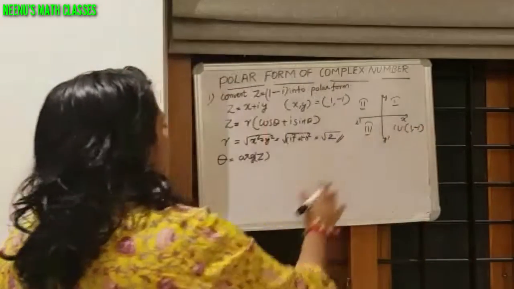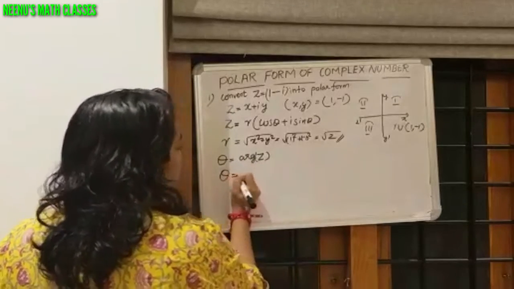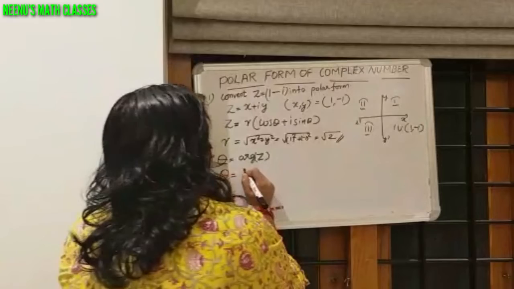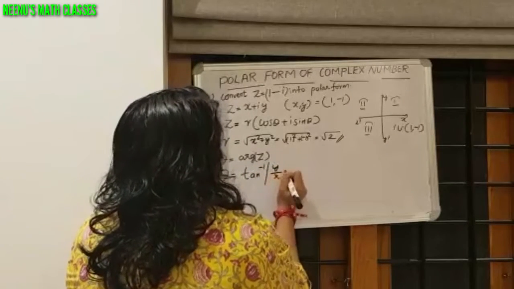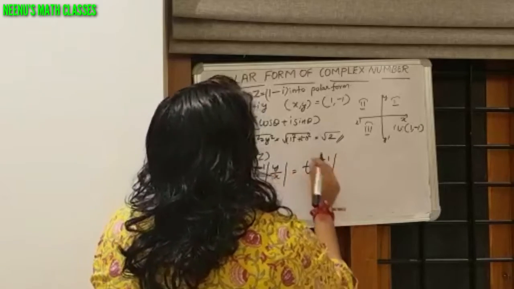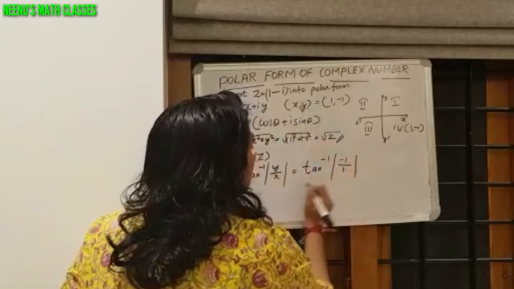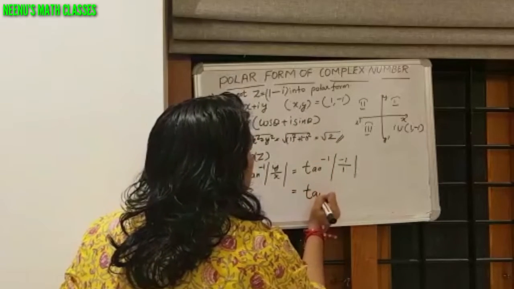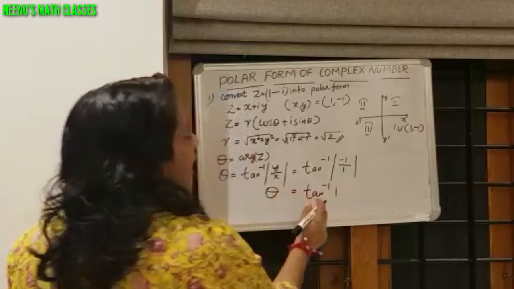Now we want to find arg z. We know that theta equal to, what is the equation? Tan inverse of mod y by x, which is equal to tan inverse of mod of minus 1 by 1, which is equal to tan inverse of 1.